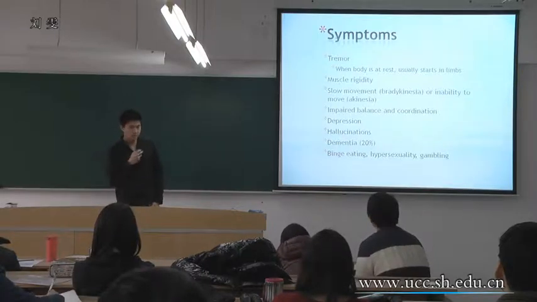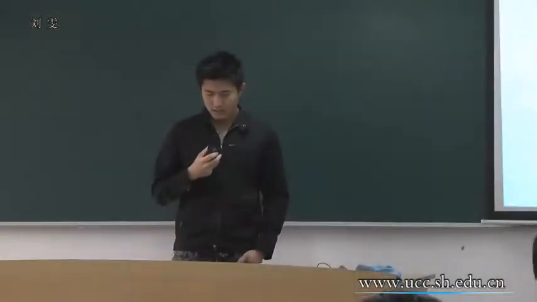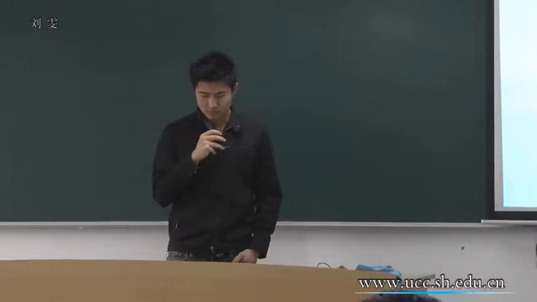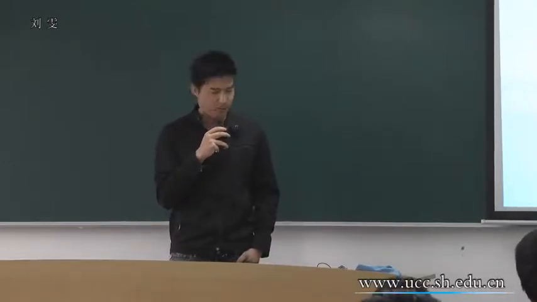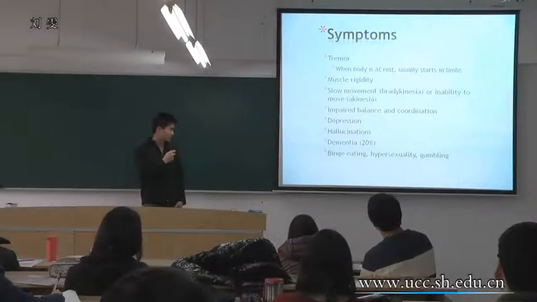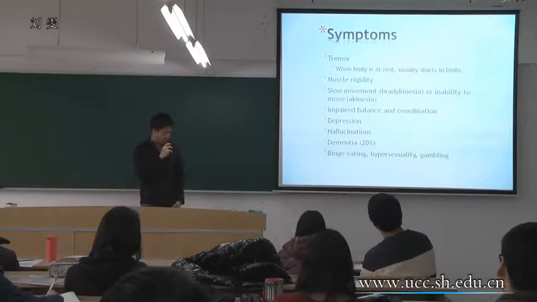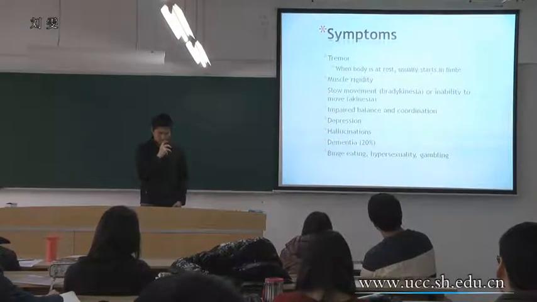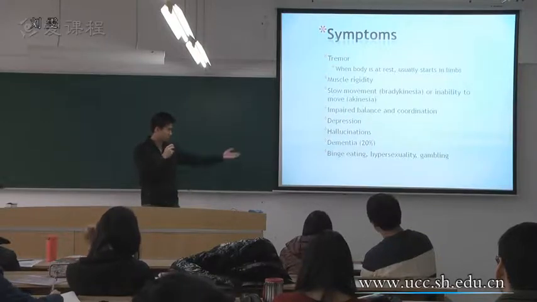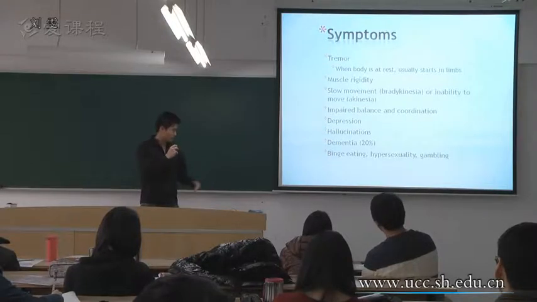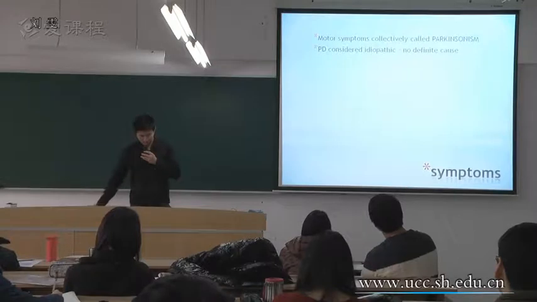It also impairs your balance and has mental effects. It causes depression, hallucinations, dementia, and it also causes effects regarding control and impulses. So it affects gambling, binge eating, and it can also cause hypersexuality.